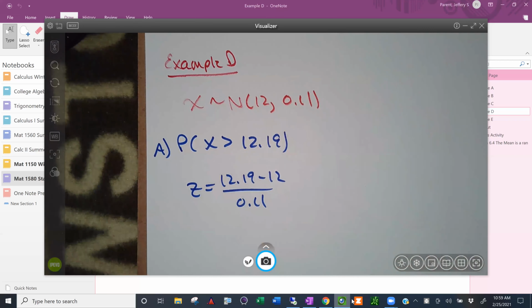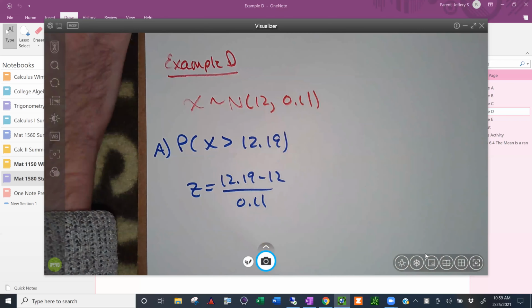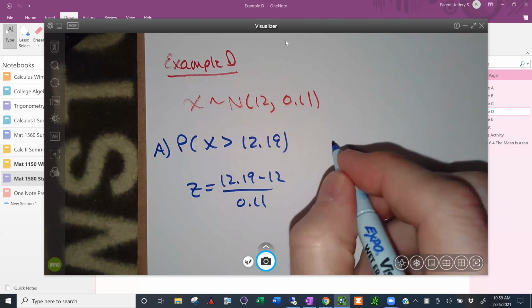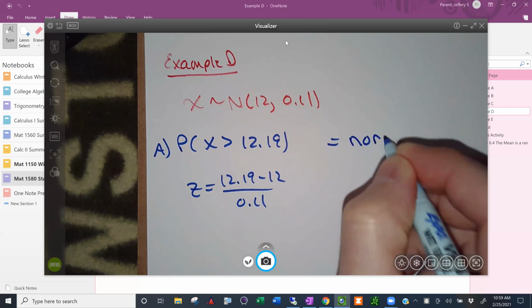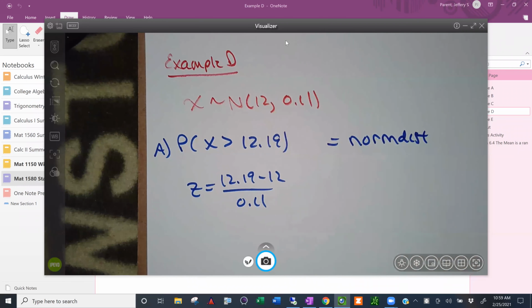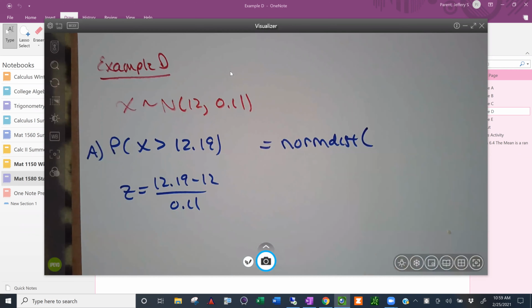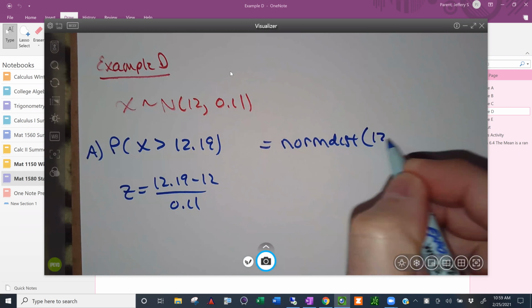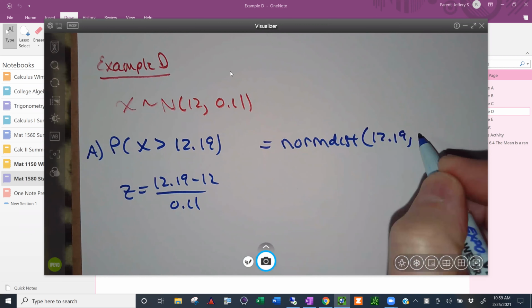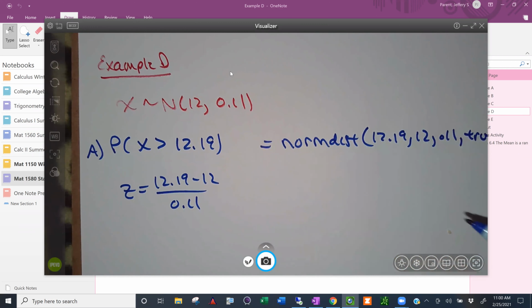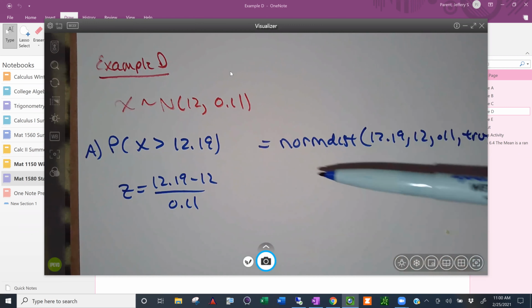So with Google Sheets, we're going to be using norm distribution, equals norm distribution. This can be our value of X, which is 12.19, the mean, which is 12, the standard deviation, which is 0.11, and then true. Now that's going to give me the area to the left.